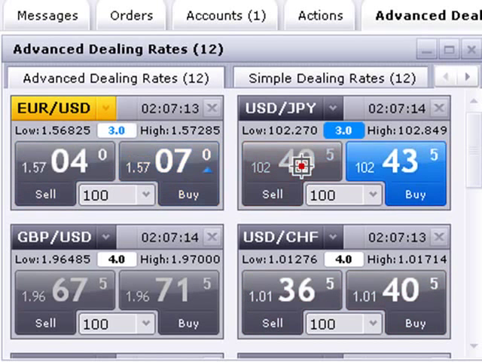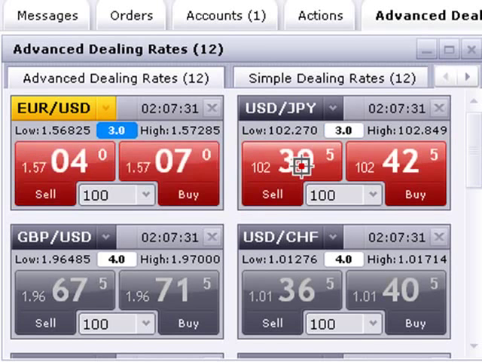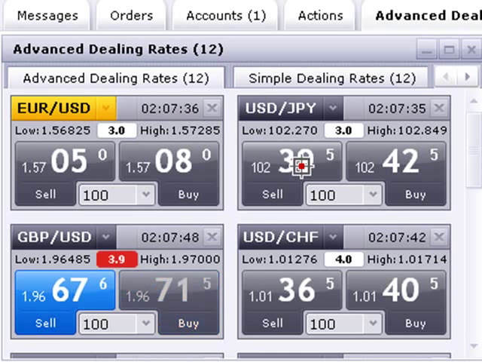As of this lesson, the dollar-yen is trading at right around 102.41. Remembering that the currency quote shows how many of the counter currency in the pair it takes to buy one of the base currency, we know that a quote of 102.41, or now 102.42, it's just moved up to, for the dollar yen, means that it currently takes 102.42 yen to buy 1 US dollar.